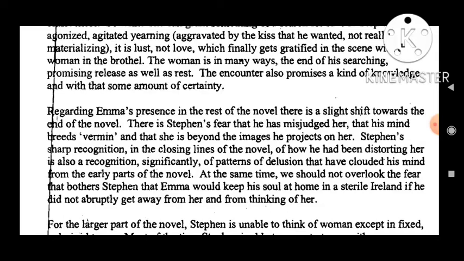Regarding Emma's presence in the rest of the novel, there is a slight shift towards the end of the novel. There is Stephen's fear that he has misjudged her, that his mind breeds vermin, and that she is beyond the images he projects on her.